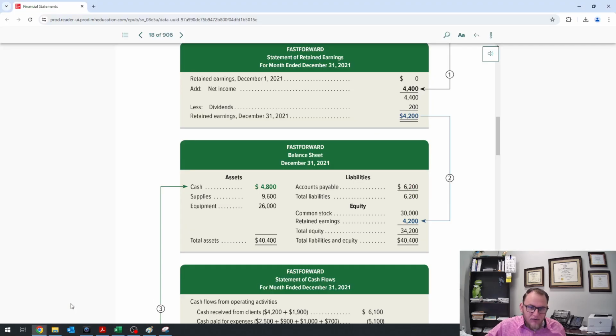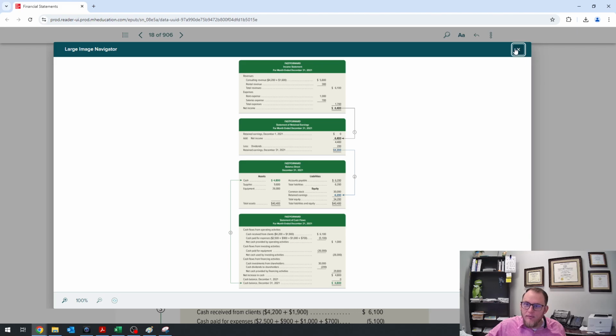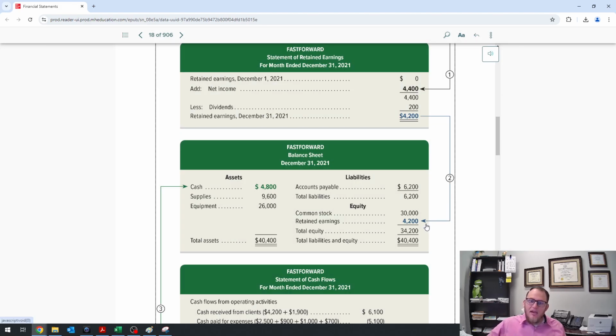So if we go back over here, common stock of $30,000, and we calculated out our ending retained earnings of $4,200. And so our balance sheet, again, is our balances at a point in time, whereas our income statement and our retained earnings are over a period of time.